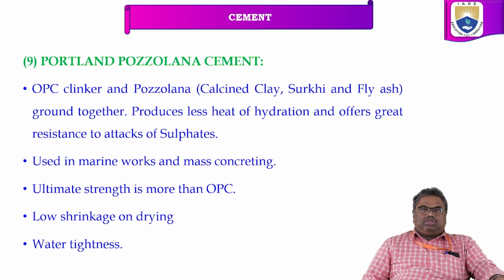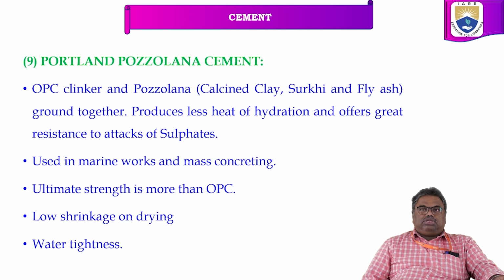Then Portland pozzolana cement will form. Right. So we are using OPC clinkers plus pozzolana material, ground together to form Portland pozzolana cement. It produces less heat of hydration and offers great resistance to the attack of sulfates.